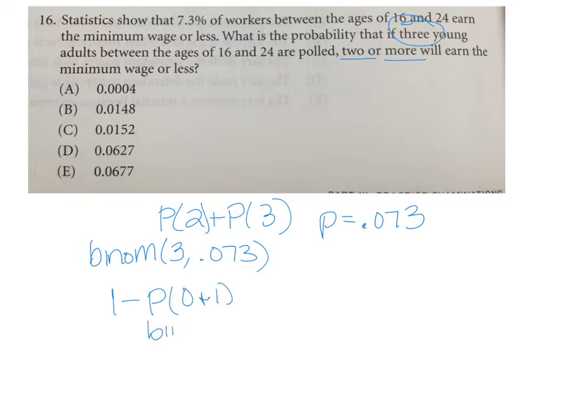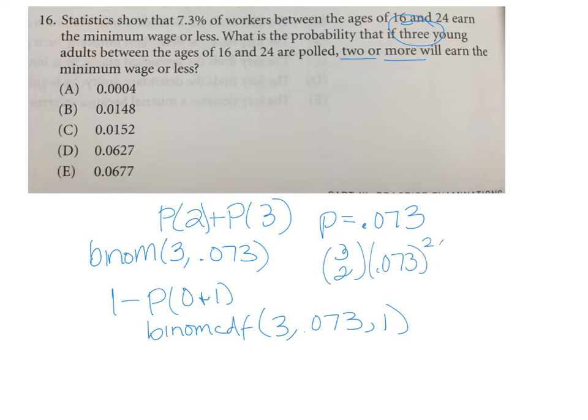So that's binomcdf 3, 0.073, 1. Doing this by hand, you're doing 3 choose 2, 0.073 squared times 0.927 to the 1 plus 3 choose 3, 0.073 cubed. So that would be by hand, and this would be in the calculator.